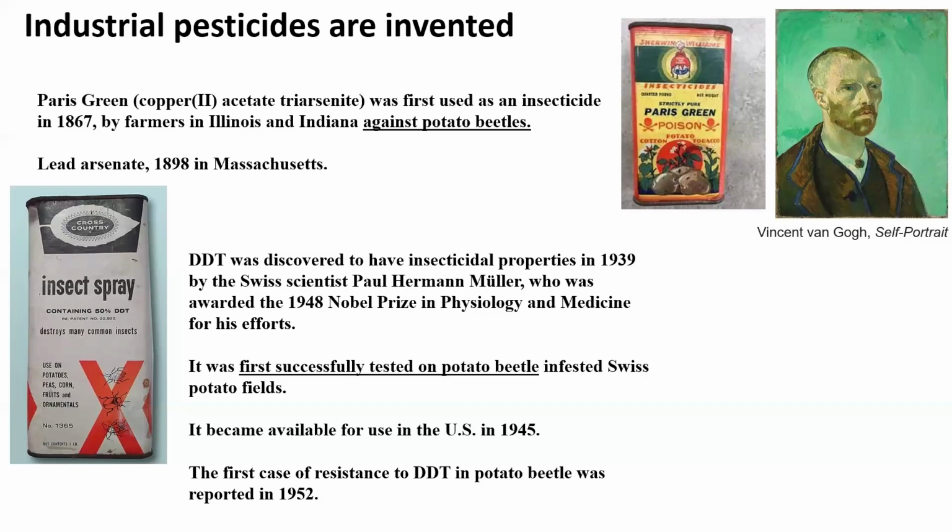Okay, so this is where insecticides come in. Manually taking care of potato beetles is laborious, doesn't always work. So quickly, there was an interest in developing chemical control. The first chemicals used, 1867, are Paris green. Paris green is something that was actually used for green paints.